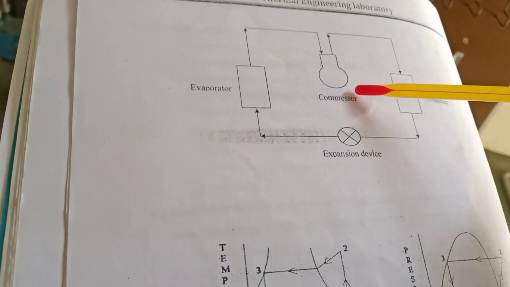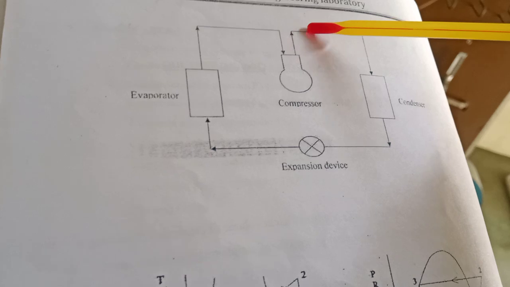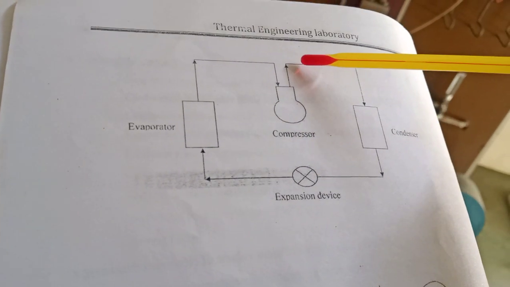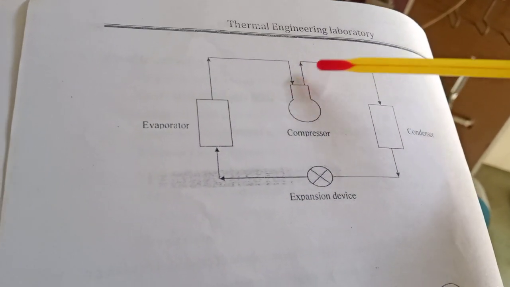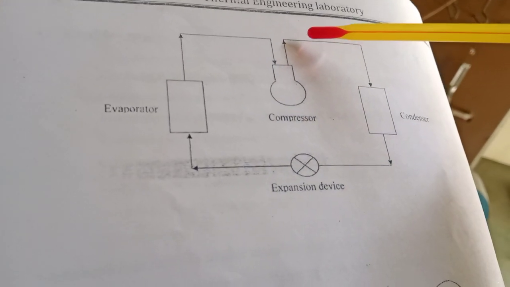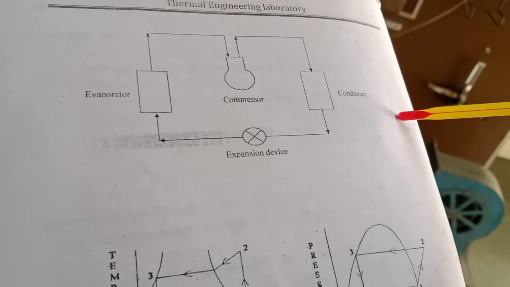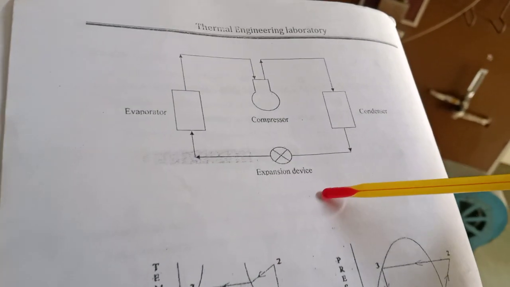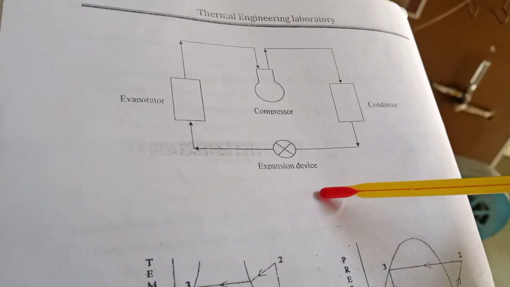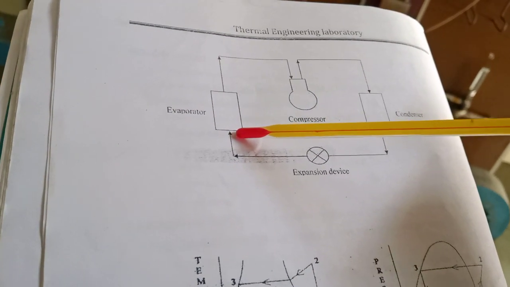Then the compressor compresses this compressible fluid. After the outlet of the compressor, the pressure and temperature of the refrigerant vapor are increased, high pressure, high temperature. Then it flows to the condenser where it loses its latent heat. Then it enters the expansion device, where it loses its pressure. After that it goes to the evaporator.